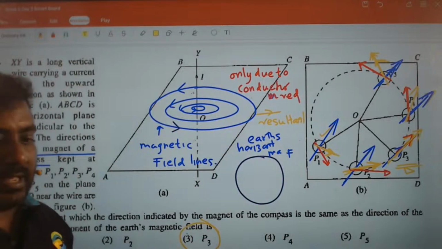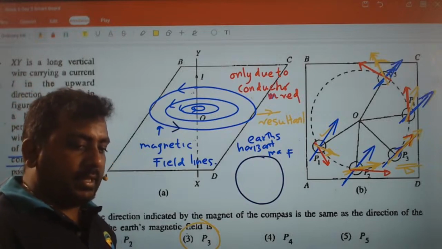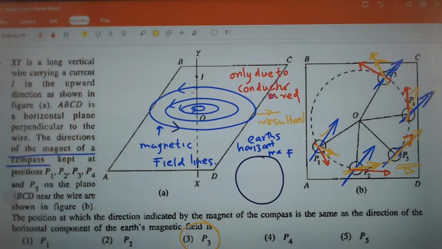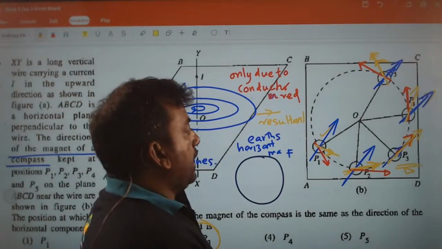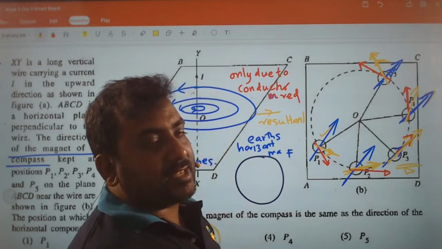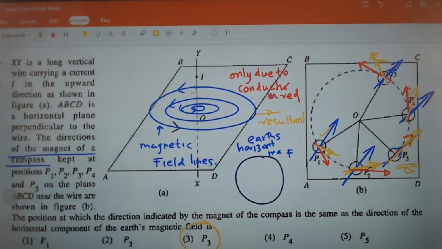Okay. That's right. As shown in the figure, the red color lines indicate the magnetic field due to the conductor, while the blue color lines indicate the Earth's horizontal magnetic field.